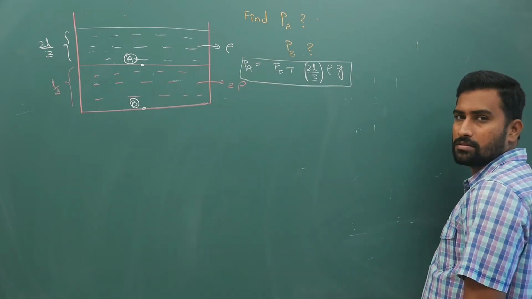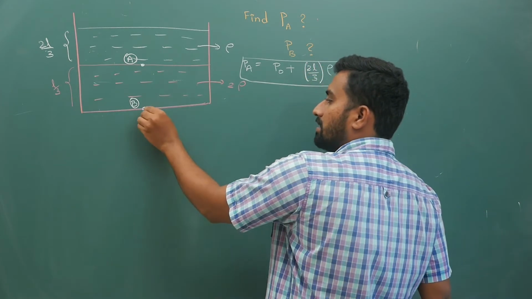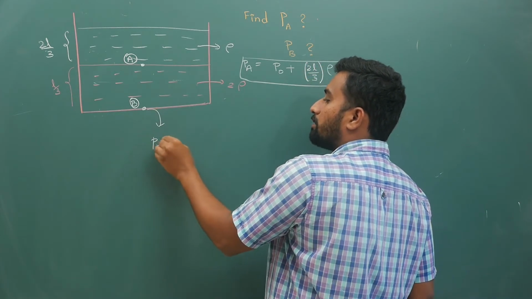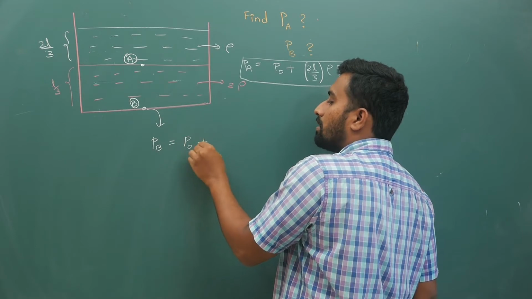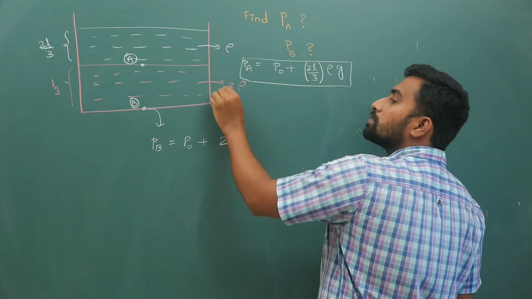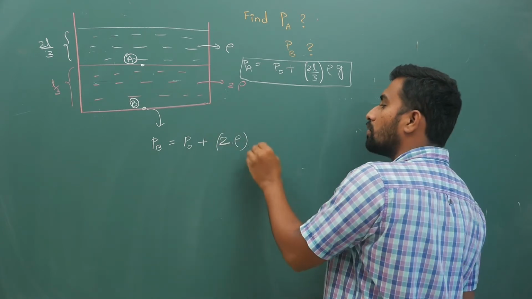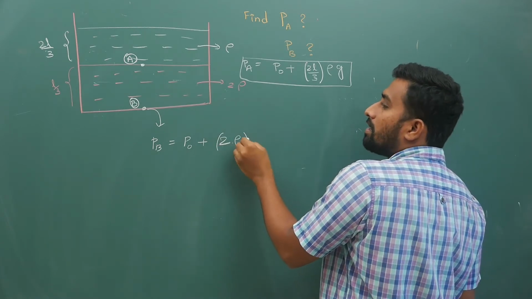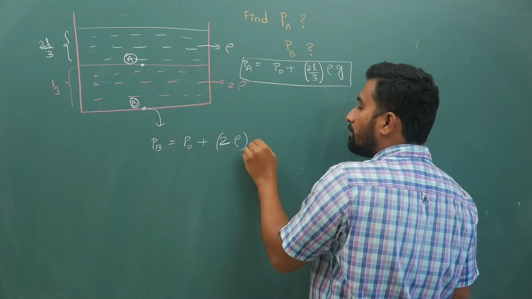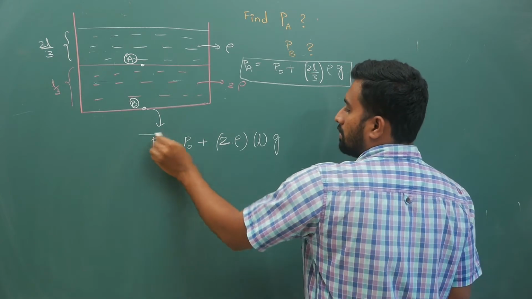Now to calculate pressure at B, you cannot write PB is equal to P0 plus 2 rho into, with height 2L by 3 plus L by 3, that is L, into G, even though point B is in liquid of density 2 rho.